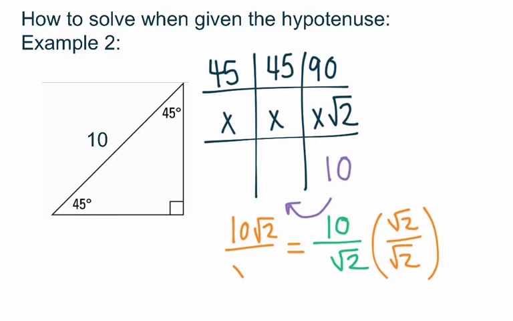On the bottom we get square root of 4, which is 2. Then we can simplify: 10 divided by 2 is 5 square root of 2.